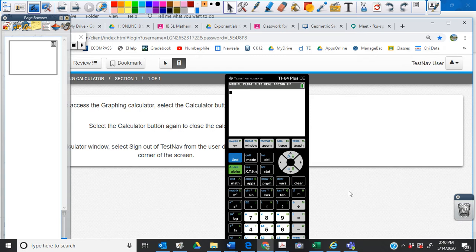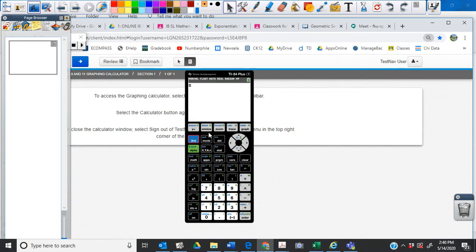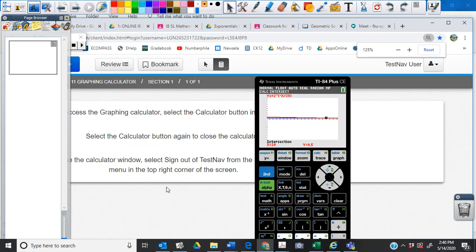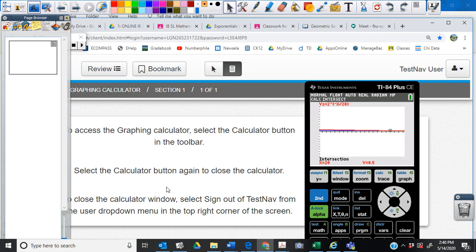Let me back up. So second, trace, 5. Yes, this is the first curve. Yes, then move to the second curve, and I'm going to go to one that I know is not the intersection to show that I'm just guessing, but it brings me to the exact value of 20 for that intersection. If you have more questions, please let me know.